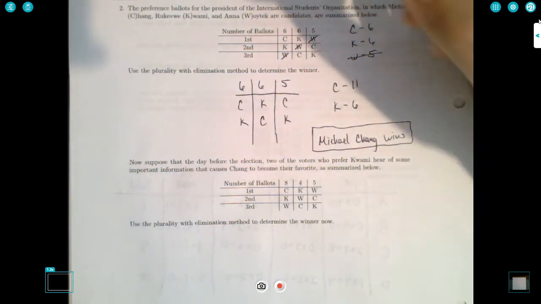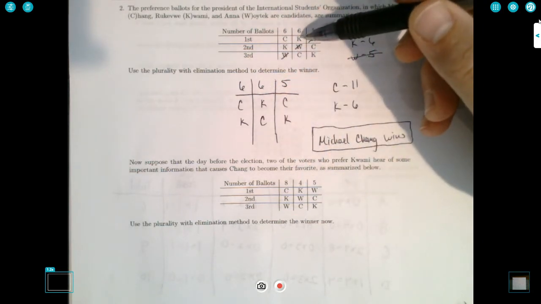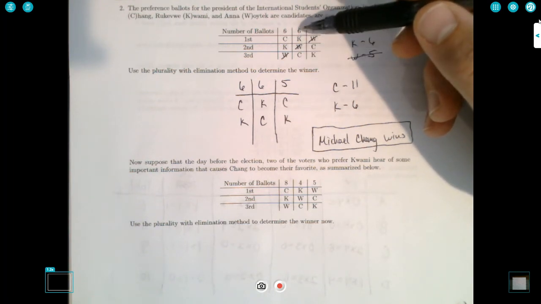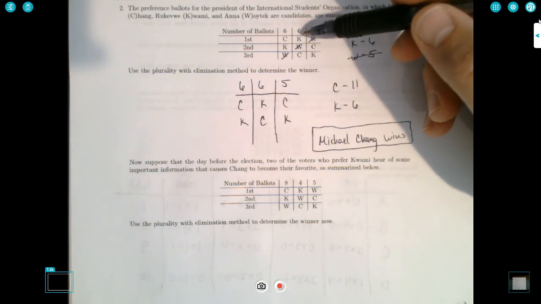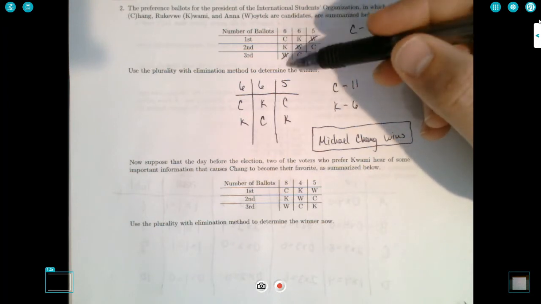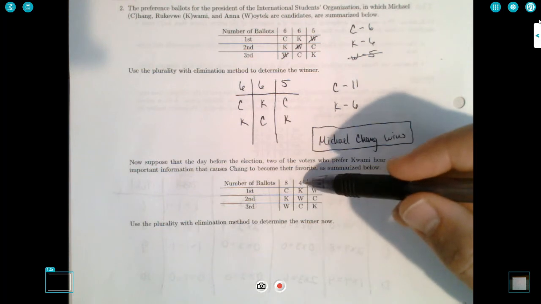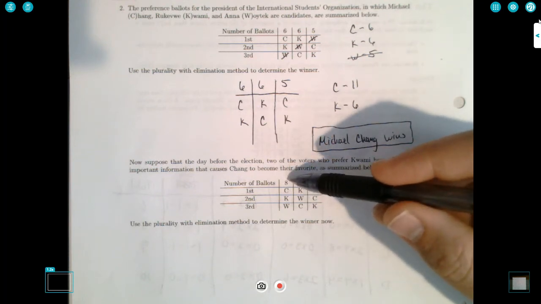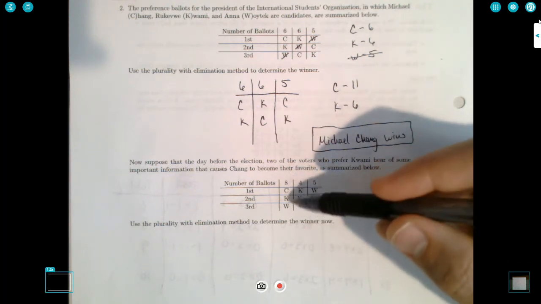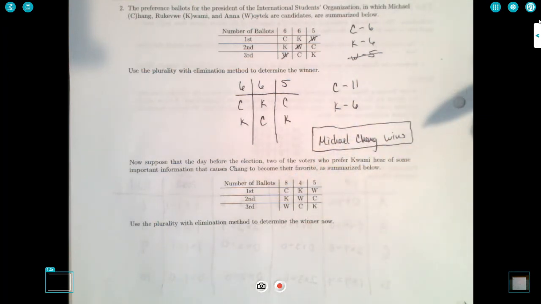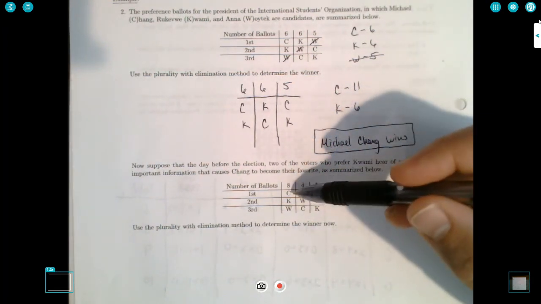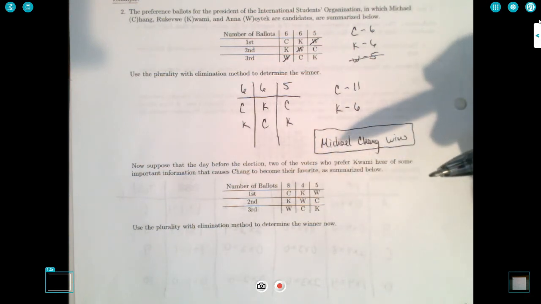Before, you had 6 people who voted KWC, but 2 of these people hear some information that makes Chang their favorite, and so they change from this to this. So now you have 4 people casting their votes this way because you lost 2 of them, and you have 8 people casting their votes this way because you gained 2 here, right?